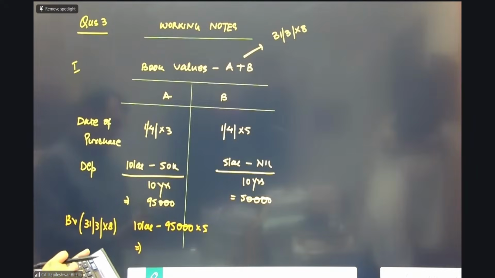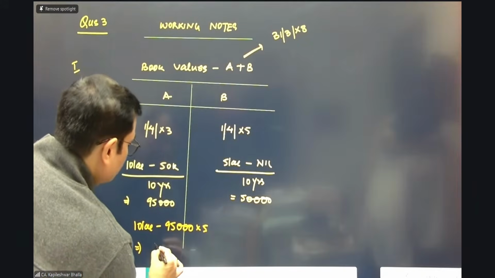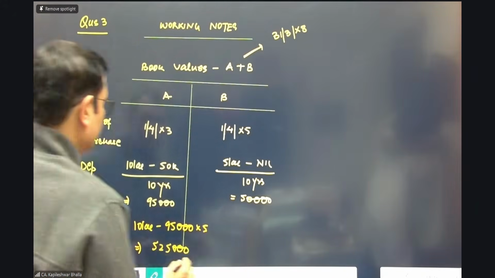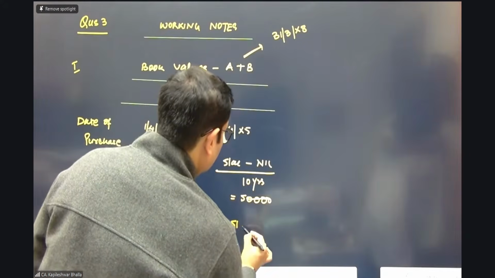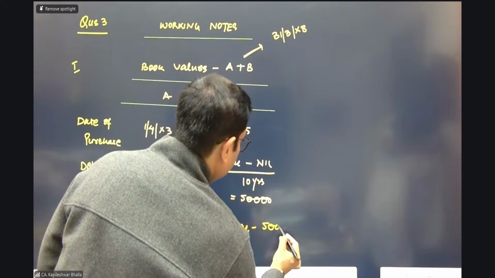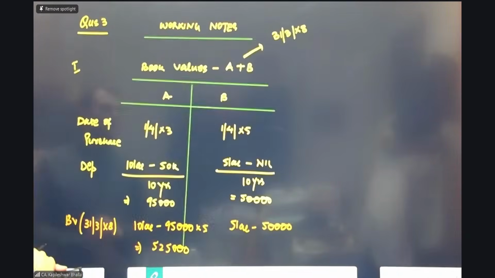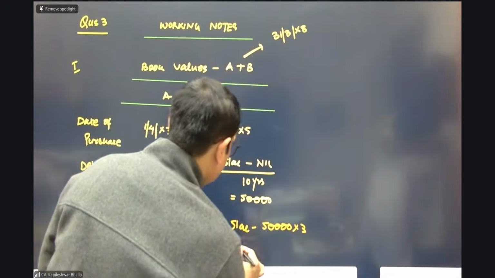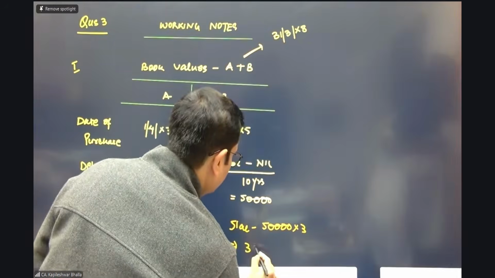That's right, 95,000 for 5 years. I think it comes to 5 lakh 25. And as far as machine B is concerned, it's going to be depreciated for how many years? That is purchased on X5, so 6, 7, 8, 3 years. And that works out, I guess, at 3 lakh 50.